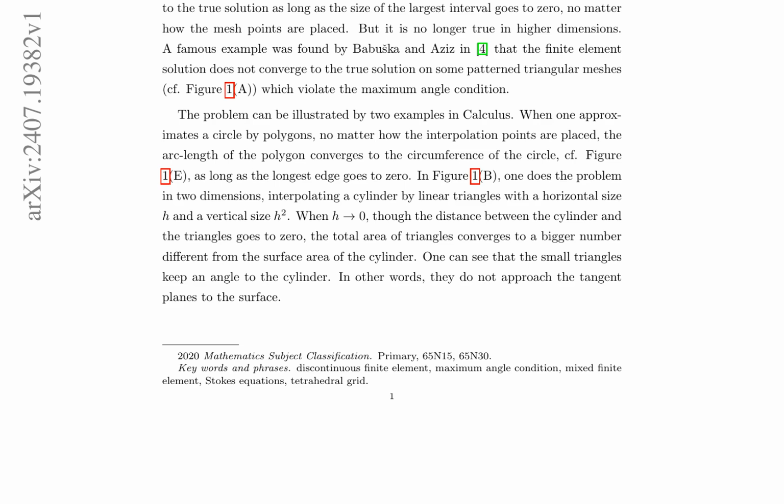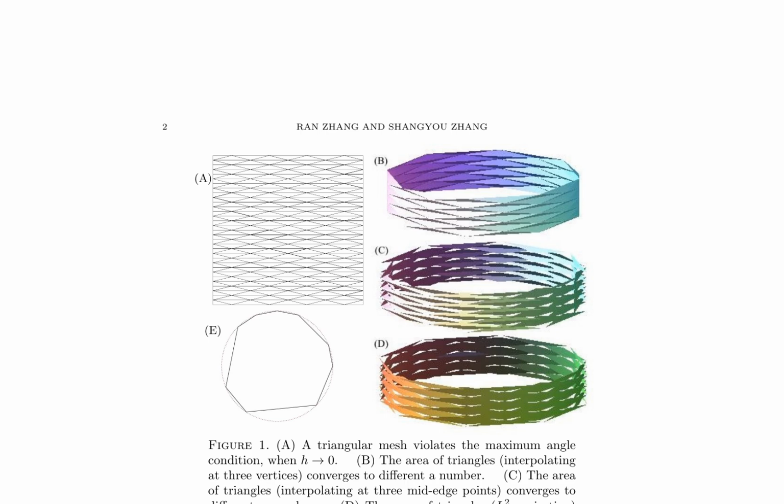computer science. Traditional finite element methods struggle to accurately approximate curved surfaces, such as cylinders, using triangular meshes. As the mesh size approaches 0, triangular meshes violate the maximum angle condition, leading to inaccurate approximations. Interpolating at 3 vertices or 3 mid-edge points results in nonconvergent area approximations, highlighting the limitations of these approaches.